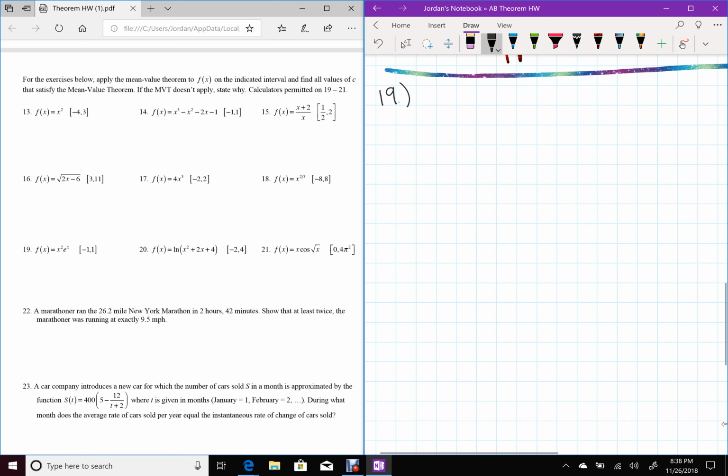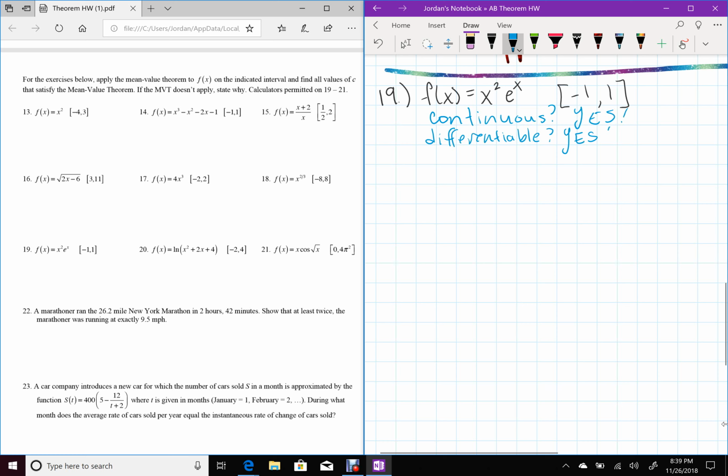So if we have f of x equaling x squared e to the x on the interval from -1 to 1, well, both x squared and e to the x are continuous on that interval. So when we ask if it's continuous, we say yes. If we ask if it's differentiable, again, we say yes, because on their own, x squared and e to the x are both differentiable.